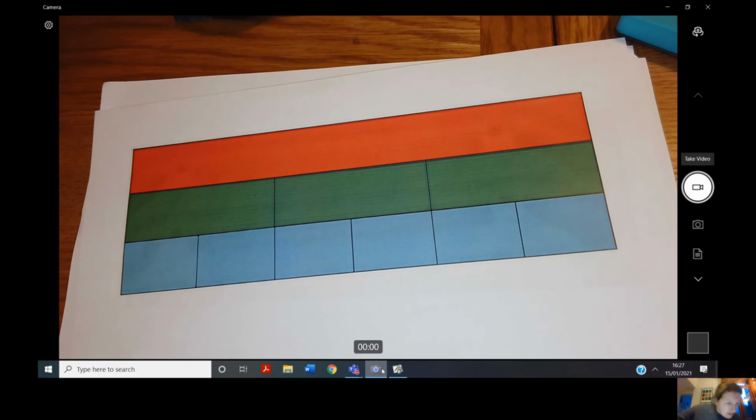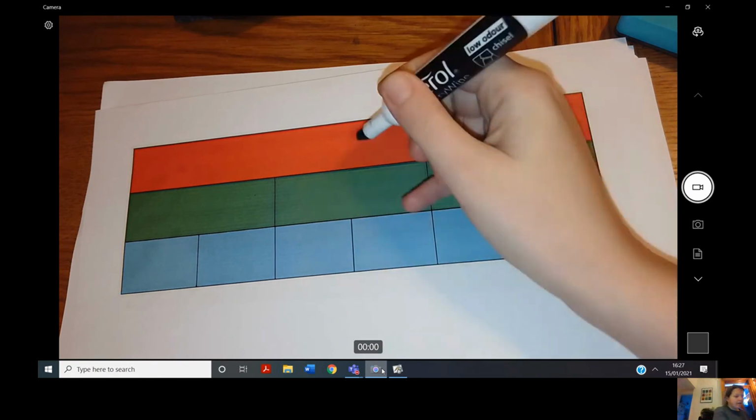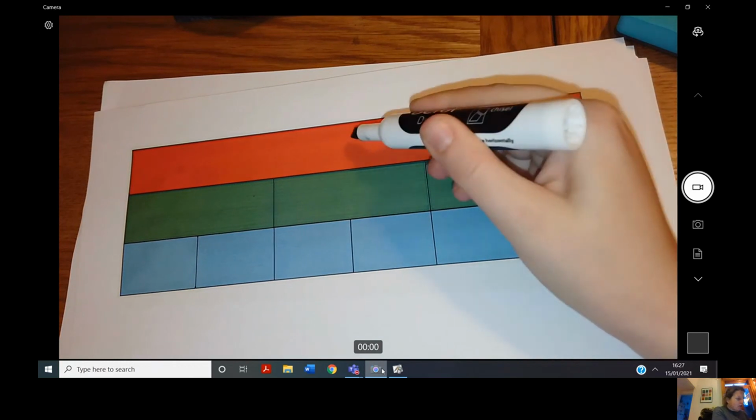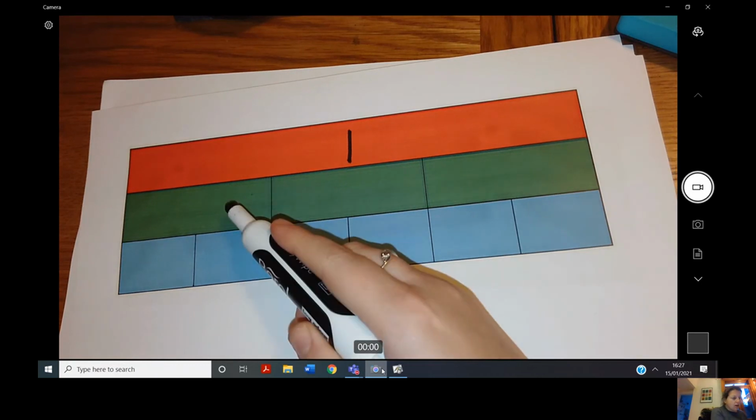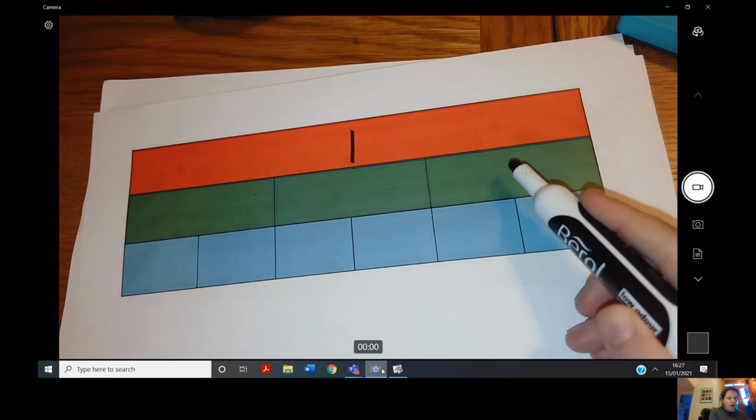So let's imagine our red bar is the whole. I'm going to write it as 1. How many parts is my green bar divided into? 1, 2, 3 parts.